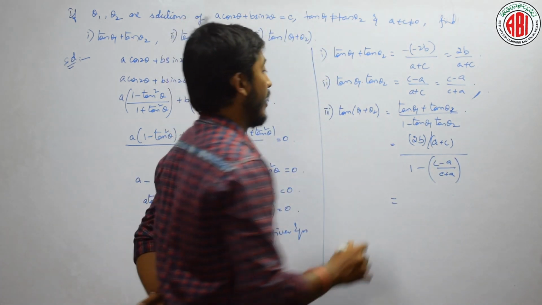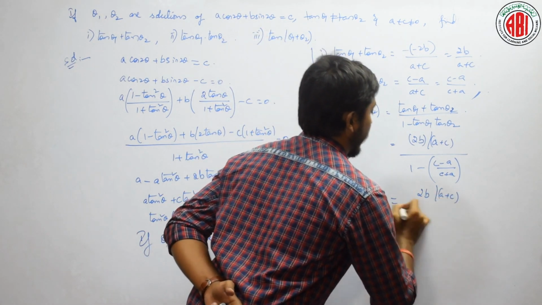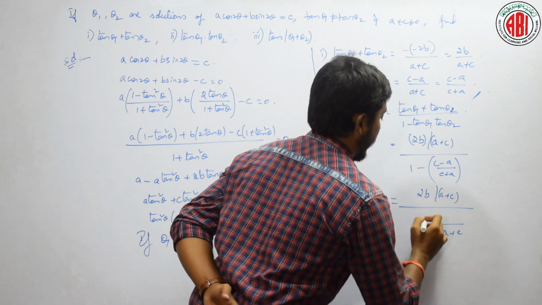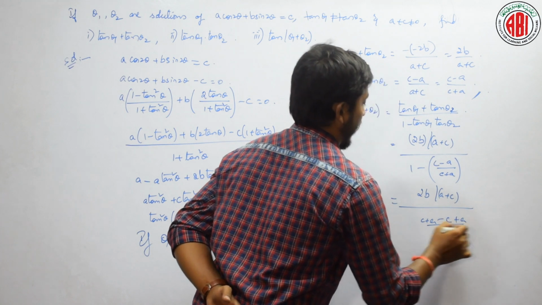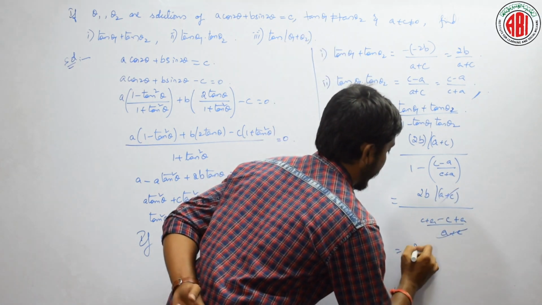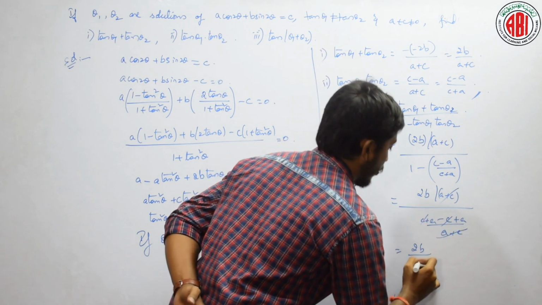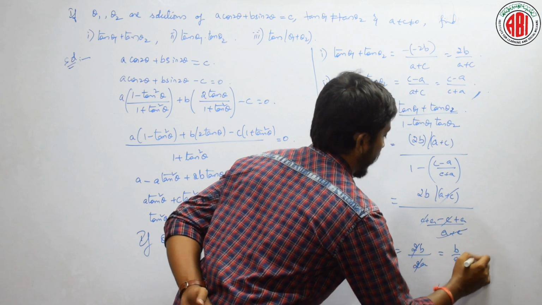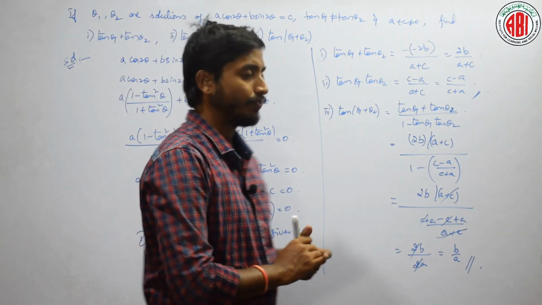Is it okay? Let us take LCM. 2b by (a plus c) divided by (c plus a minus c plus a) over (c plus a). The (a plus c) gets cancelled, and I get 2b by, c gets cancelled, a plus a is 2a, the 2 gets cancelled, and the answer is b by a. This is tan of (theta 1 plus theta 2).